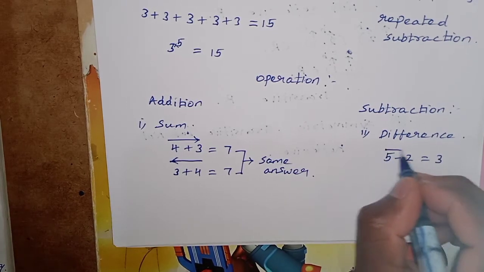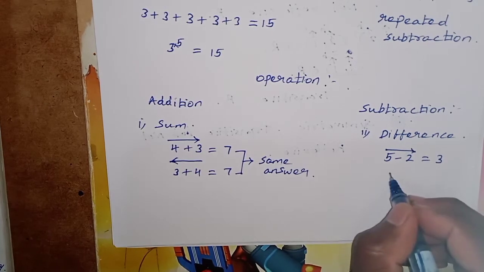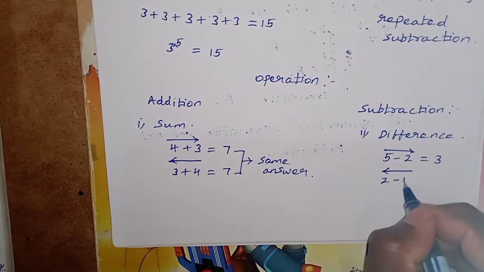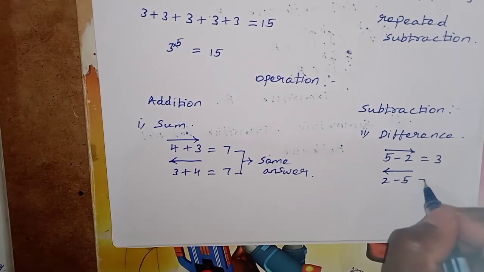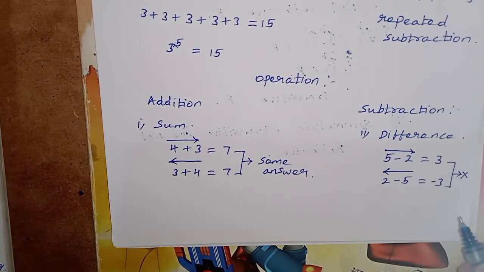We have to only go from left to right. You should not move from right to left. Suppose you do it, see here, minus 3, therefore here it is not equal.